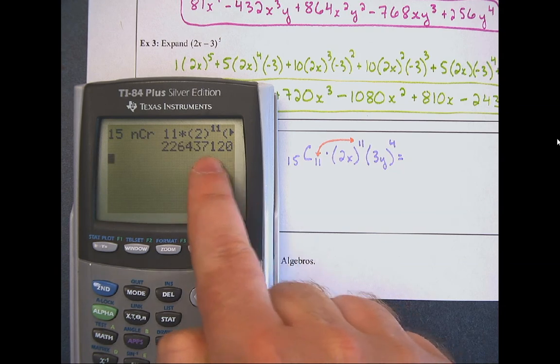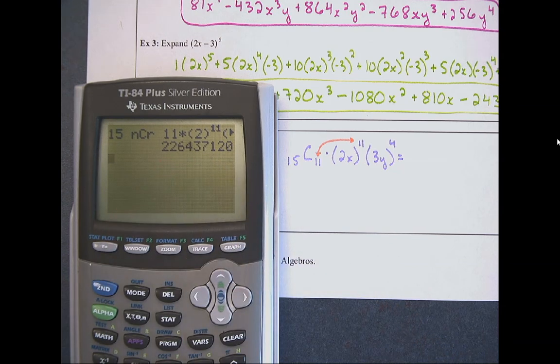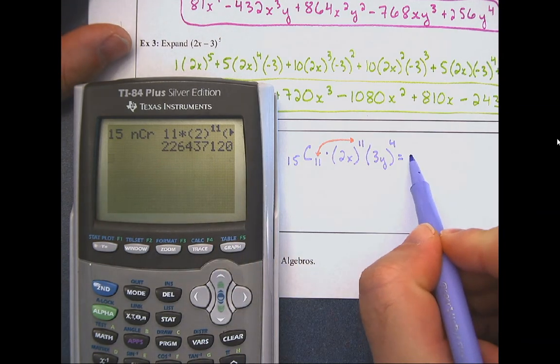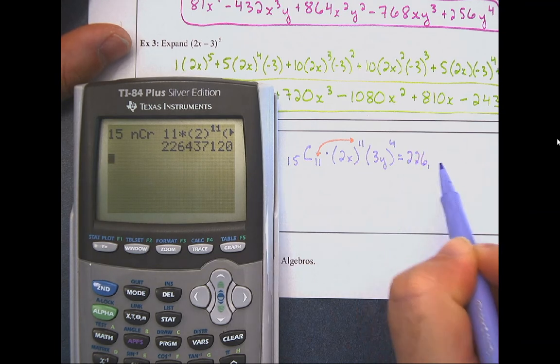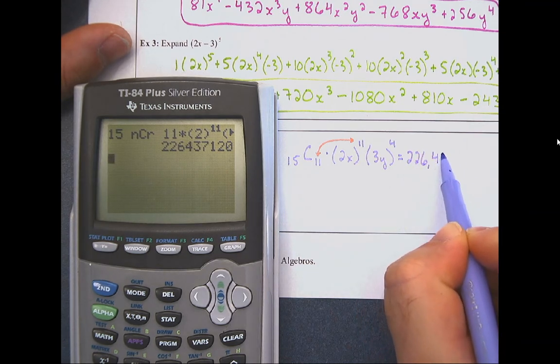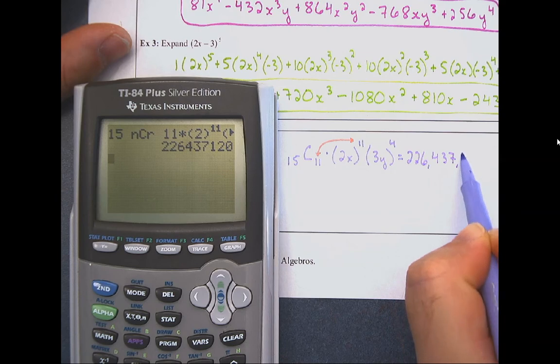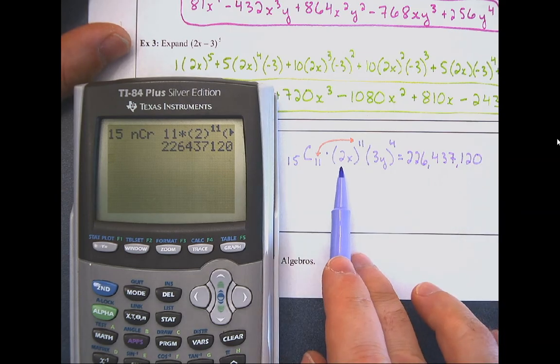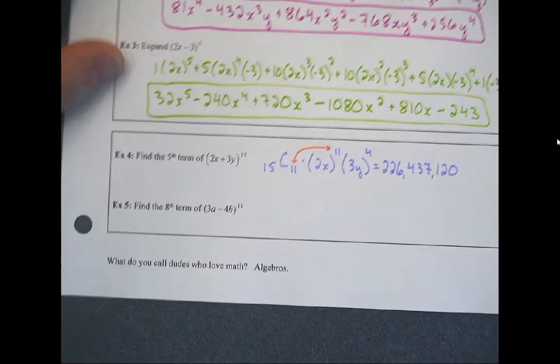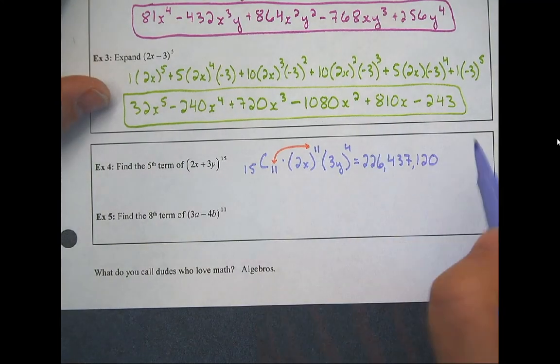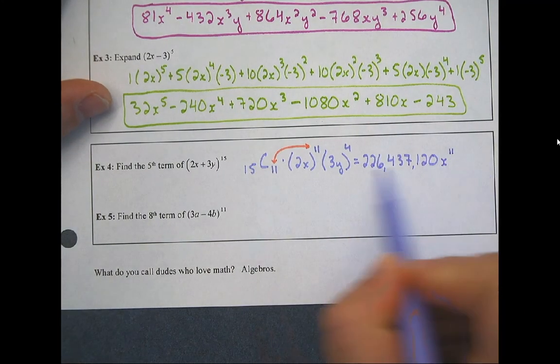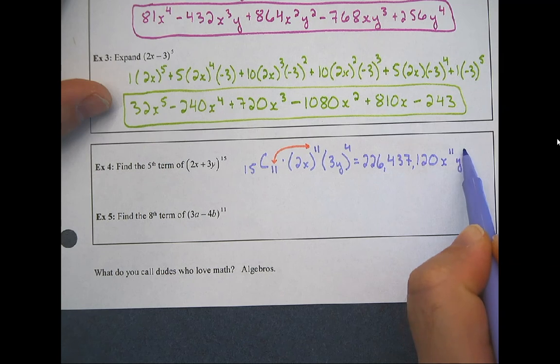Let me do my commas. So that's 226 million, 226,437,120. And then I count up how many x's and how many y's I should have. I should have 11 x's and 4 y's.